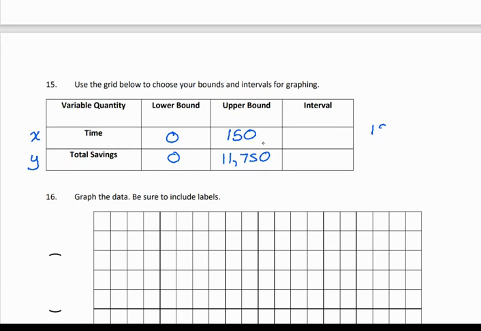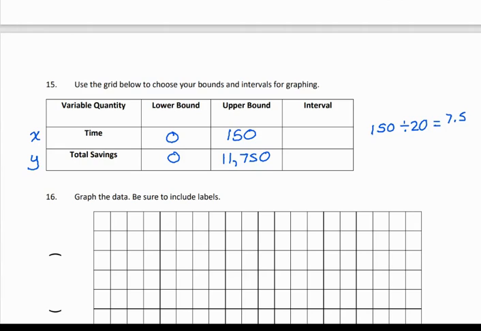So we're going to take our upper bound like Tim said. So I'm going to do my work over here. That upper bound was 150 and I'm going to divide it by 20. 150 divided by 20 gives me 7.5. Do you guys like to count by 7.5s? No. So we're always going to round which way? Up. And you can round it to 8 if you want.